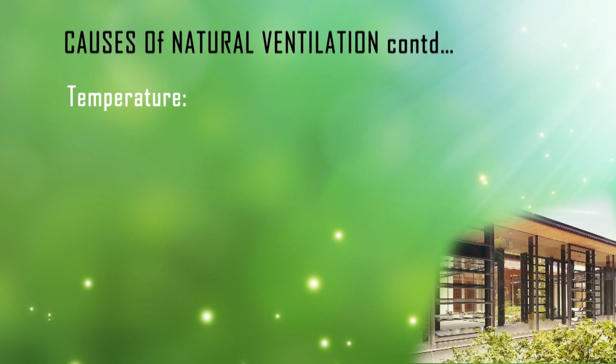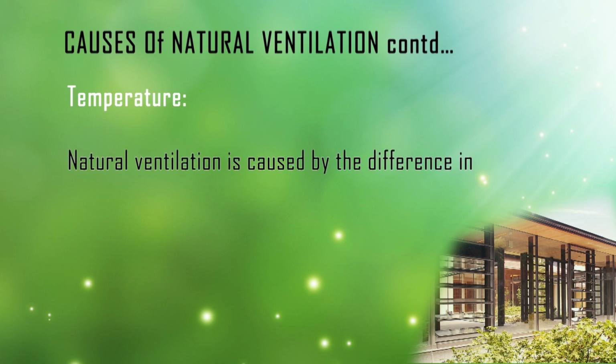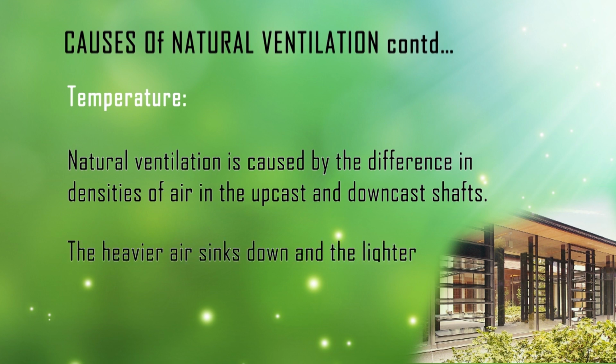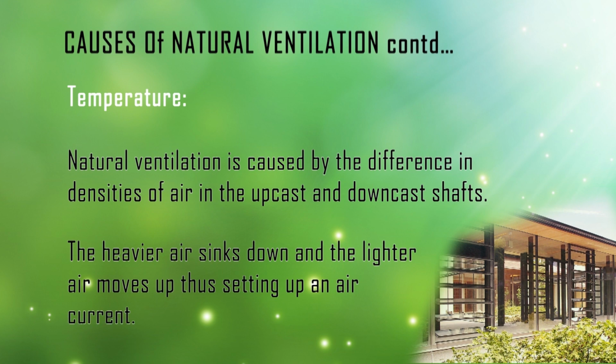Now, come to temperature. Natural ventilation is caused by difference in densities of air in upcast and downcast shafts. Through the downcast shaft, intake air enters the mines, and through the upcast shaft the return air comes out to the surface.